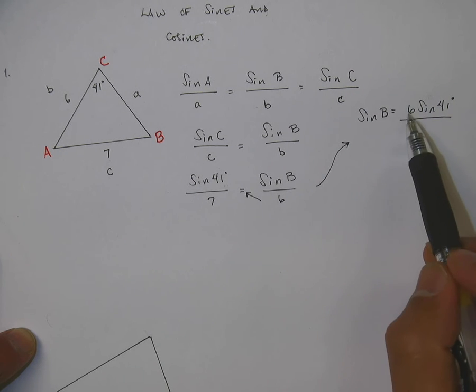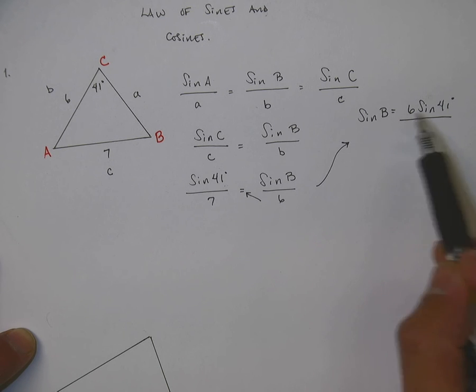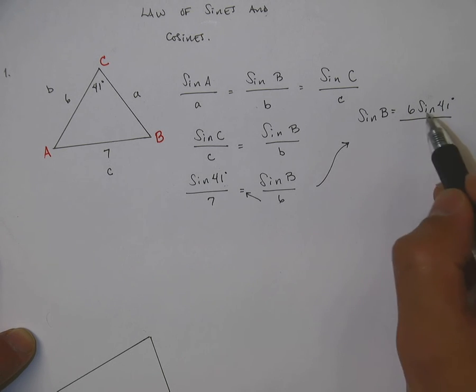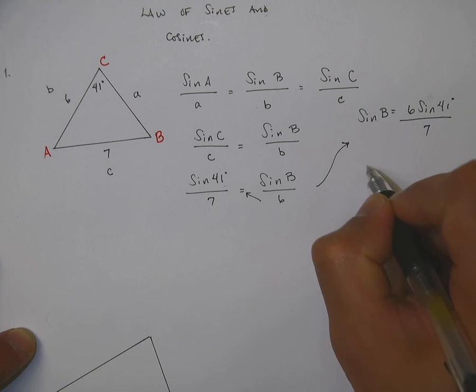Now remember, when you multiply, this guy stays on the outside. A lot of students think, oh, I got to multiply 6 times 41. No. Just leave it. Sine of 41 has to be done first, then you multiply it by 6, and I have a 7 there.